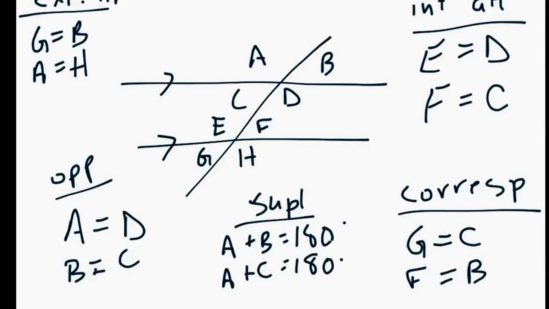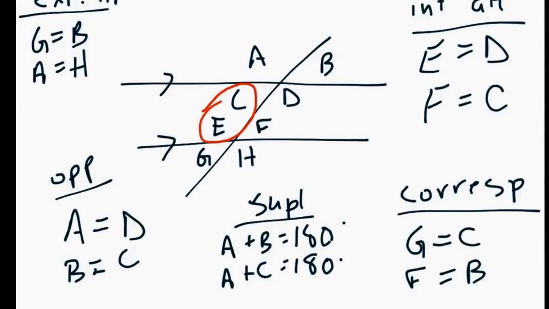And there's also another pattern that we can do that's not as important. So we have two interior angles that are side by side, E and C. So in this case, those two interior angles would be kind of like supplementary, right? E and G are supplementary, A and C are supplementary, so C and E would also be supplementary, or they would also add up to 180.